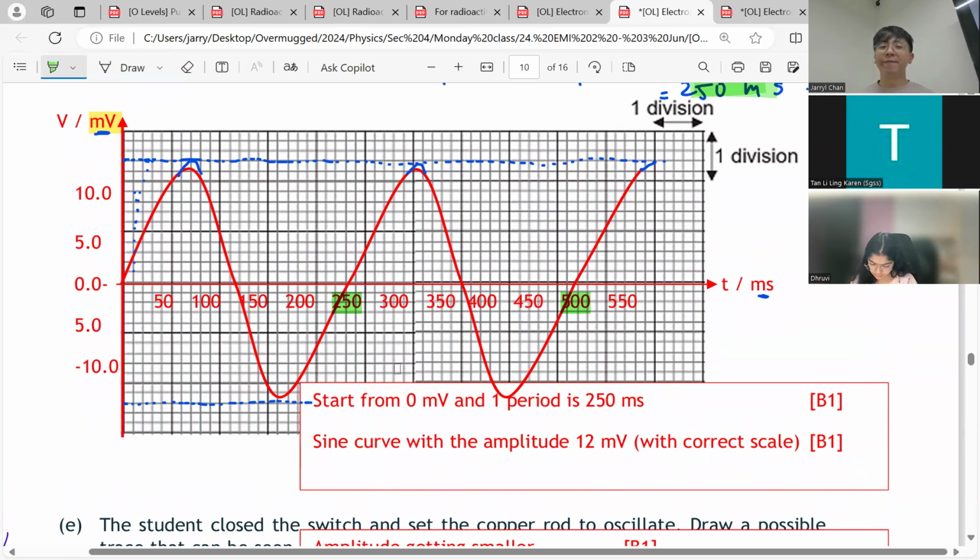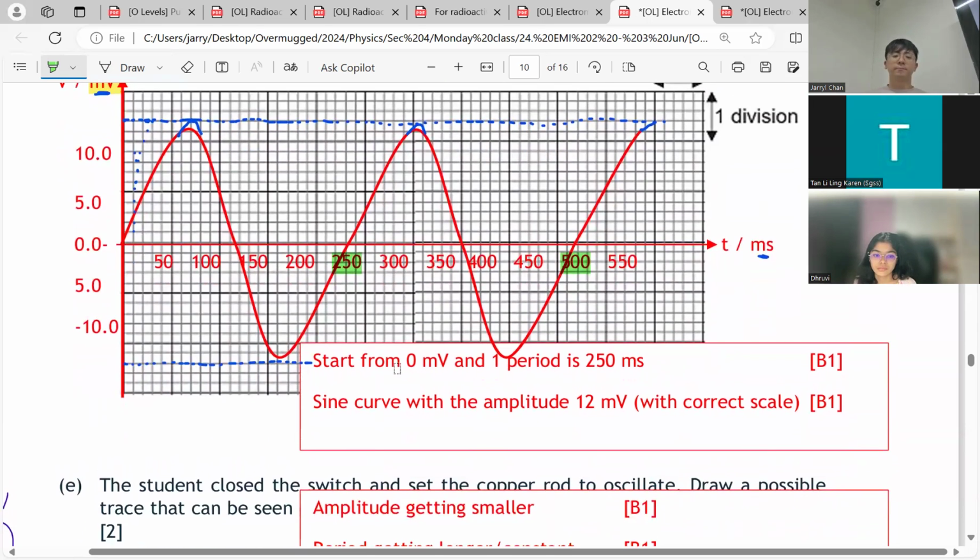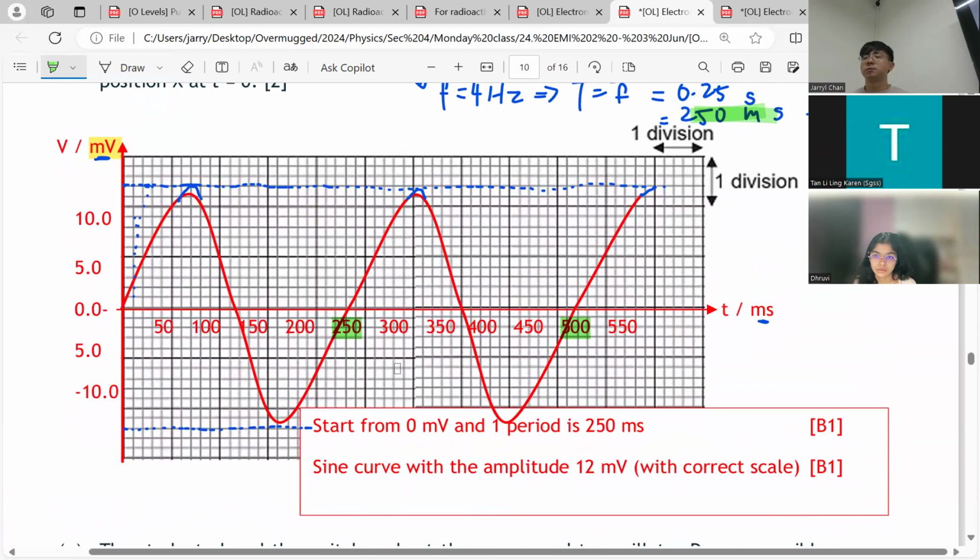If you are done with part D already and you haven't tried part E, try to think about part E. You agree with me?